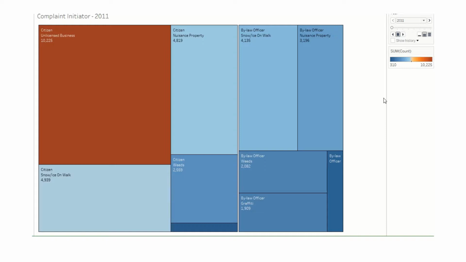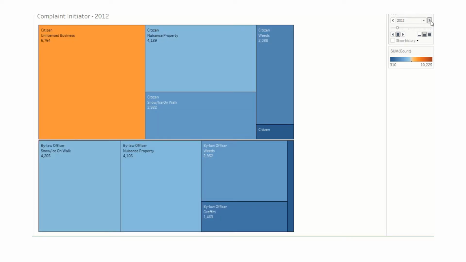There were 5 bylaw infractions that were provided in the data. There are 10 boxes on this tree map. Each box tells us the type of complaint or the type of bylaw infraction and who initiated it more. So we can see that in 2011, citizens initiated the most complaints for unlicensed businesses. We can find a really common pattern going into every year from 2011 up to 2018.